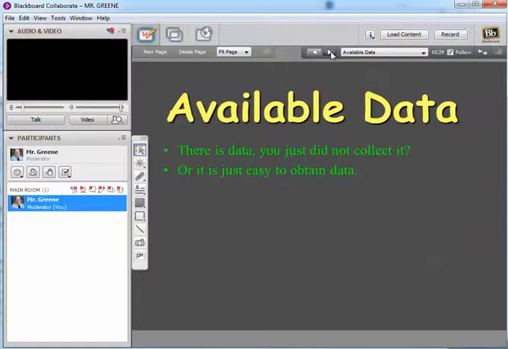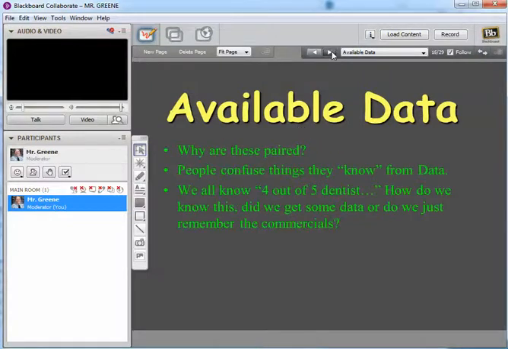Now, available data is just data that's there. You might not have collected it. You might not have done anything to get the data at all. It's just there, or it's easy to obtain. A lot of people confuse these two, incidental and available. That's why they're paired together in this topic, because they seem to fit together very well.